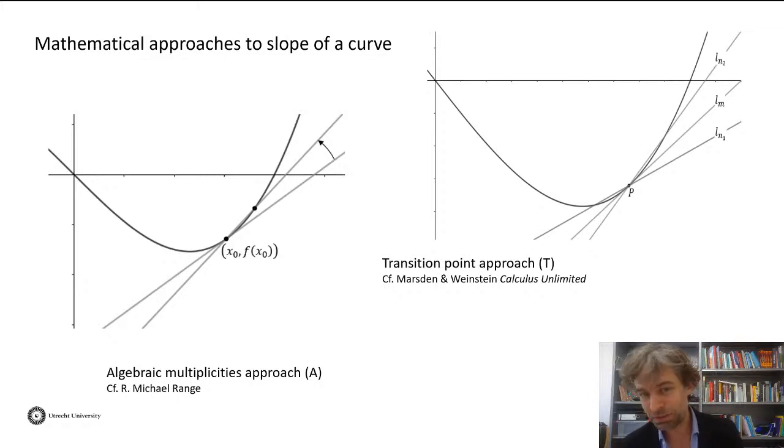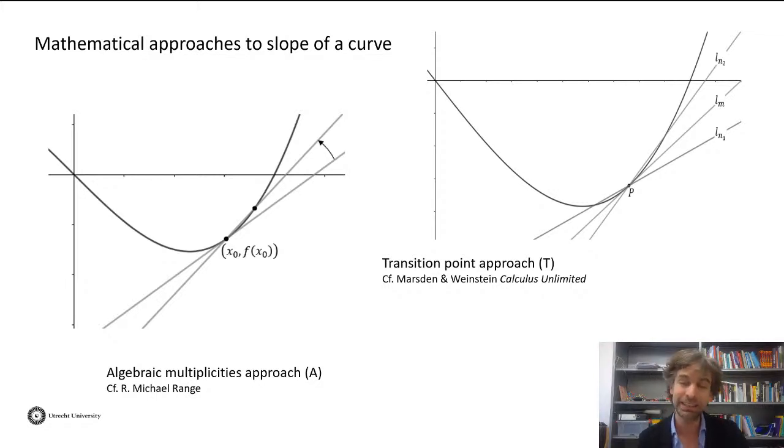And then I found this very obscure but beautiful approach in a book by Marsden and Weinstein. It's called the transition point approach, and it's sort of the opposite of the limit approach. It tries to make the idea that if I have a tangent line, then I have just 1 intersection point.